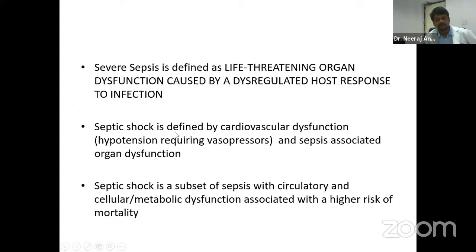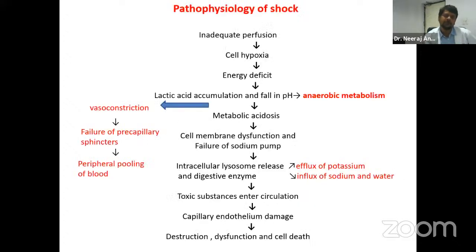Septic shock is defined as sepsis associated with cardiovascular dysfunction, that is, the patient is having hypotension requiring vasopressors, then it is known as septic shock. So septic shock is basically a subset of sepsis with circulatory as well as cellular and metabolic dysfunction associated with higher risk of mortality.